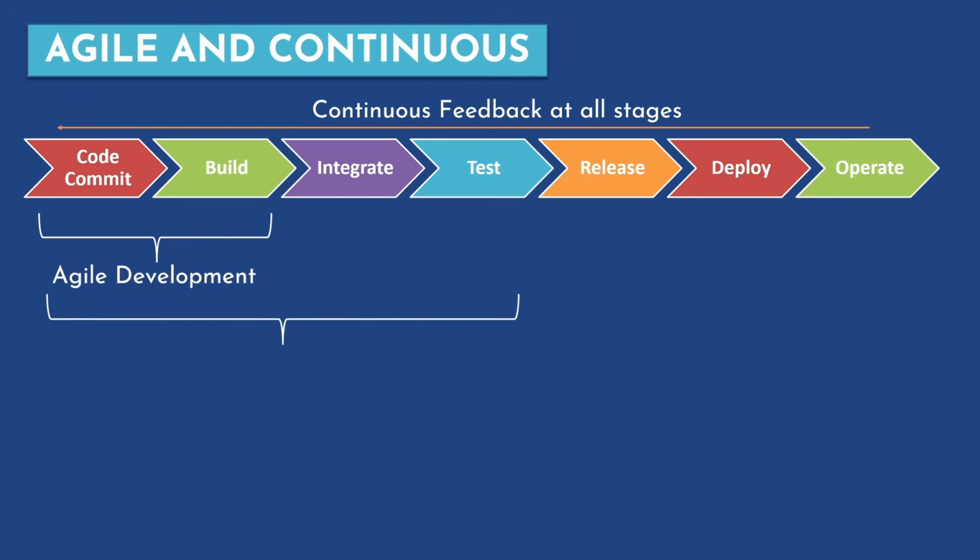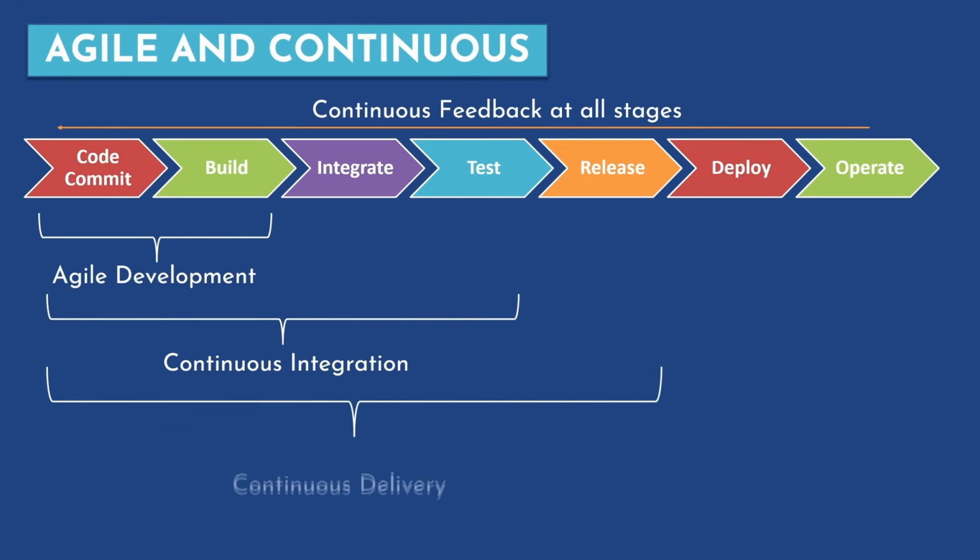Then we have CI, which is continuous integration. It goes from code commit till testing and integration. Then we have CD, which is continuous delivery. Continuous delivery is delivery of code from the developer till the production. However, it requires a gate before the production deployment.